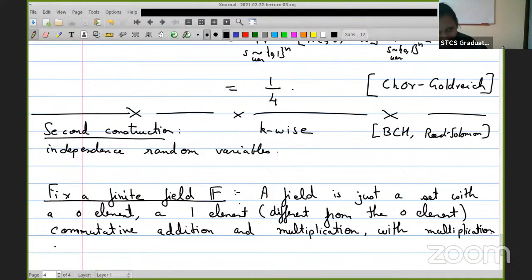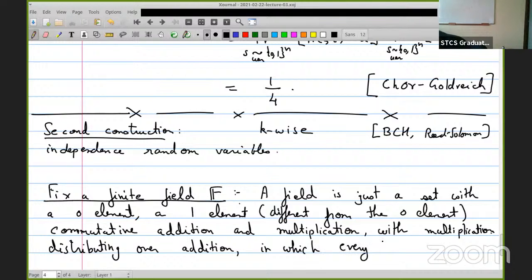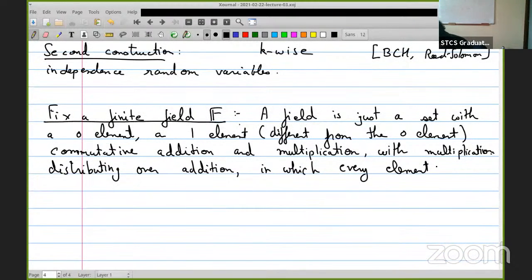So basically, just think of real numbers or complex numbers, distributing over addition, in which every element except zero has a unique multiplicative inverse.